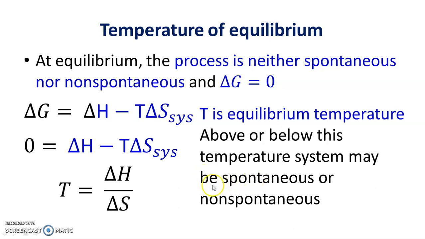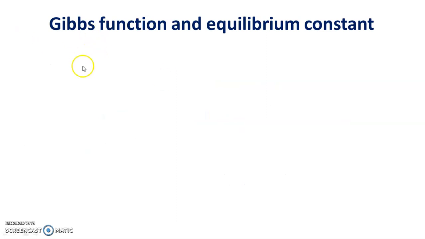This is very important. The equilibrium temperature is a temperature above or below which the process or system can be spontaneous or non-spontaneous. Now the next point is Gibbs function and equilibrium constant.